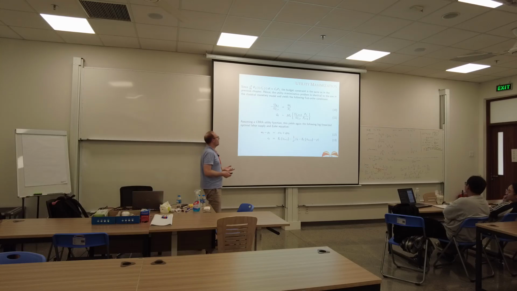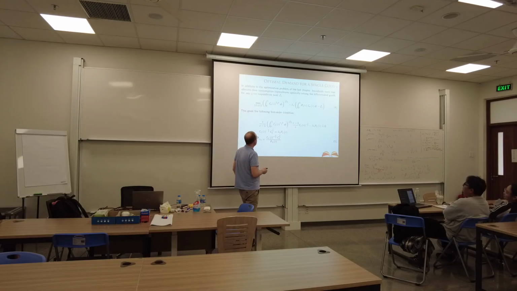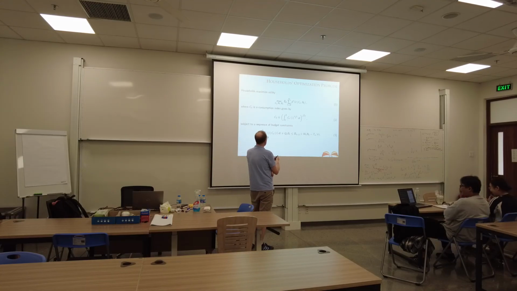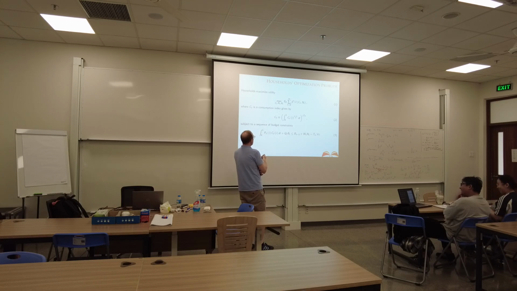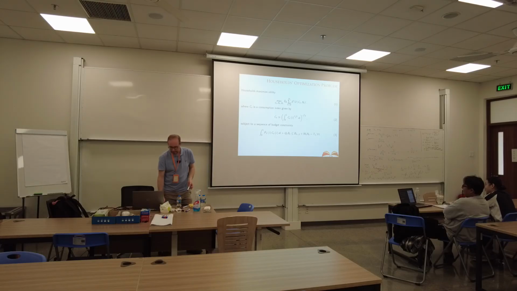All right, now the maximization for the household is then straightforward. We have an intertemporal optimization problem. So the derivative with respect to C_t, we now have, maybe I should write that.